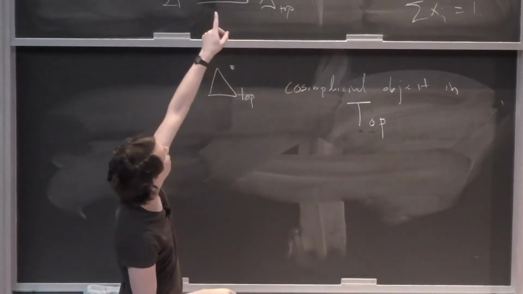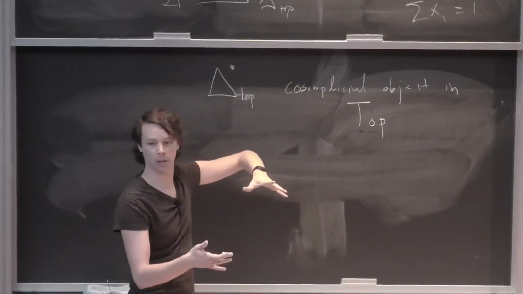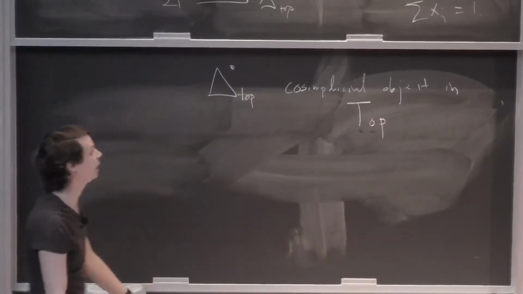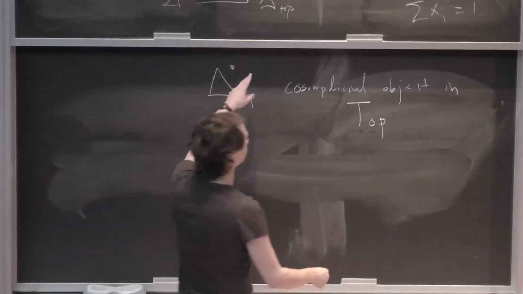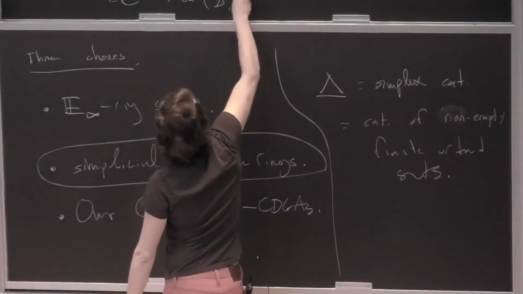And if I write Top in the script font, I mean the homotopy theory I get from that, or infinity category, which we'll learn a bit about from Simpson's talks. So this gives me a cosimplicial object. Well, you can guess what a cosimplicial object is: this is just functors from delta to C.